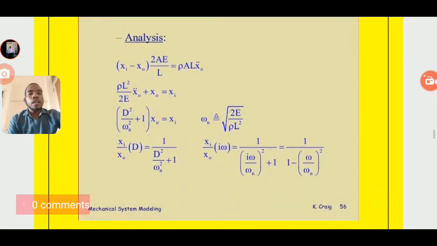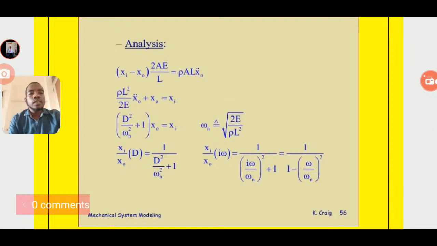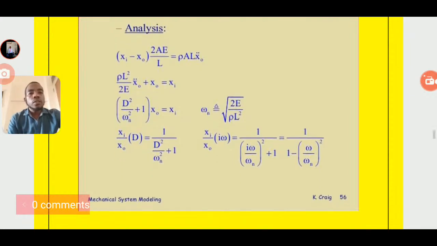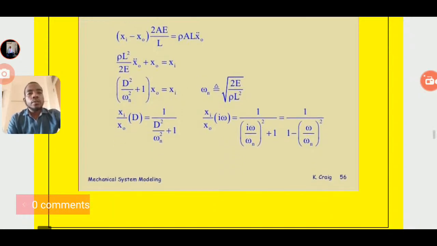So when we see the analysis, xi minus x0 is equal to ρAL x0 ρL²/2E also, x0 plus x0 is equal to xi. That means D²/ωn² plus 1 times x0 is equal to xi. That means ωn is equal to the radical of 2E over ρL².